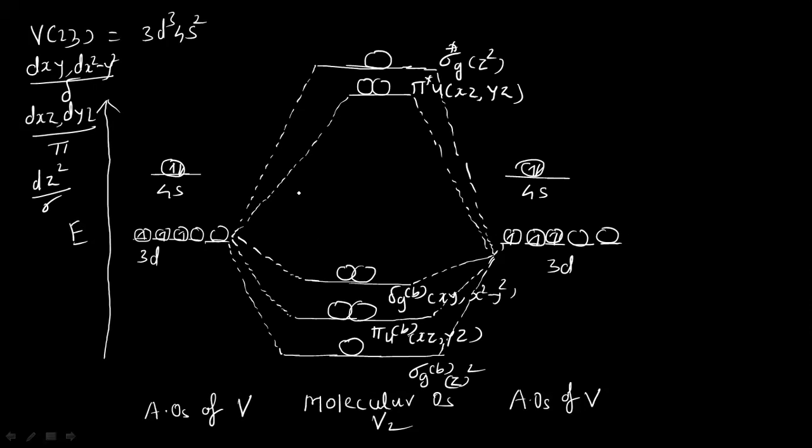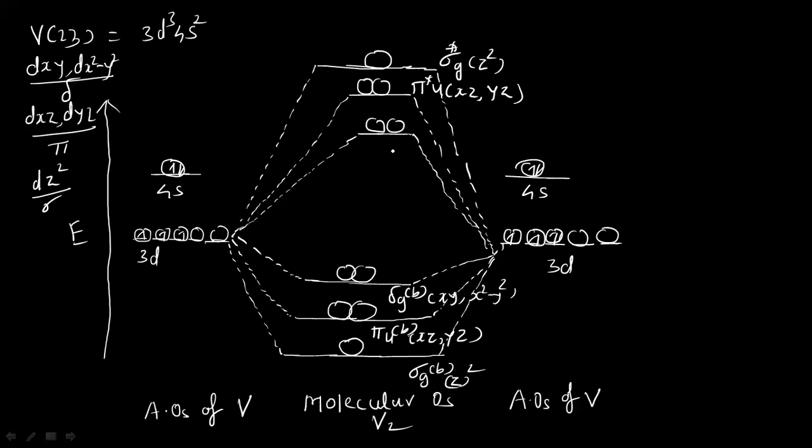Similarly, there is a formation of the delta star antibonding molecular orbital. So represent delta star antibonding molecular orbital here. Delta bond is a very weak bond.